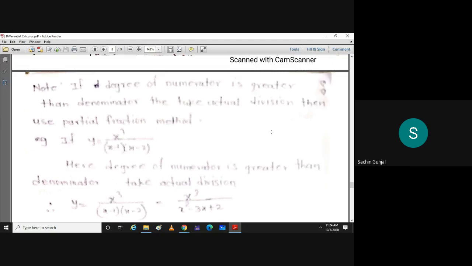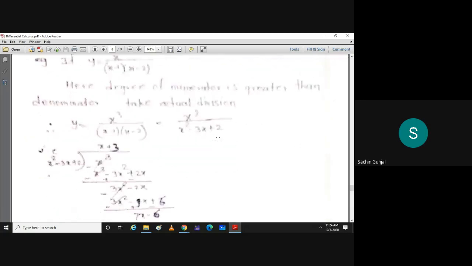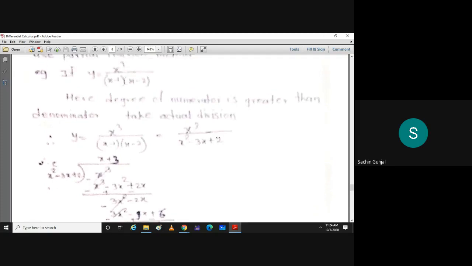So here it is x cube upon x minus 1 into x minus 2. Now the degree of numerator is 3 and the degree of denominator is 2.